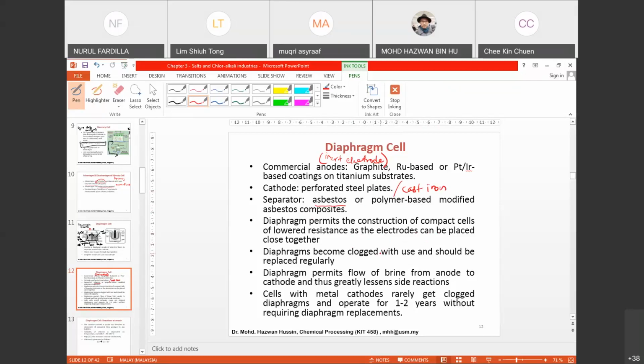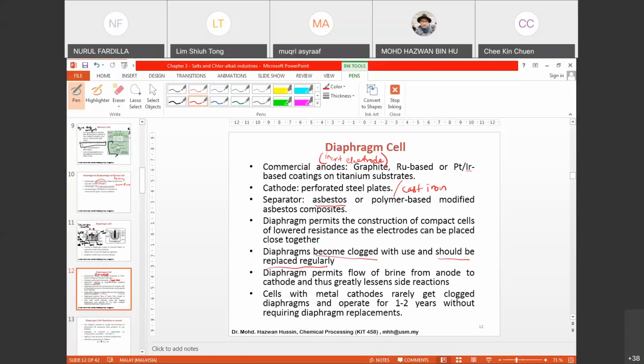But another problem is that when you have a porous diaphragm, your diaphragm can easily become clogged. Clogged means that you have particles stuck, attached or stuck into the diaphragm, and it should be replaced regularly.